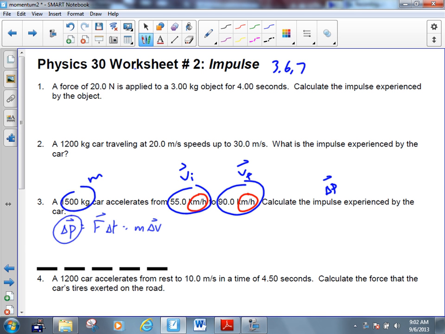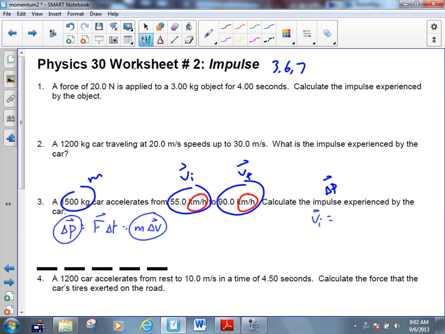We don't know anything about F and T. We do know the mass and VF and VI, so let's go with that part of the equation. Let's say delta P is equal to M times (VF minus VI). Let's do the conversion right now, though. VI, convert it to meters per second, is going to be what?